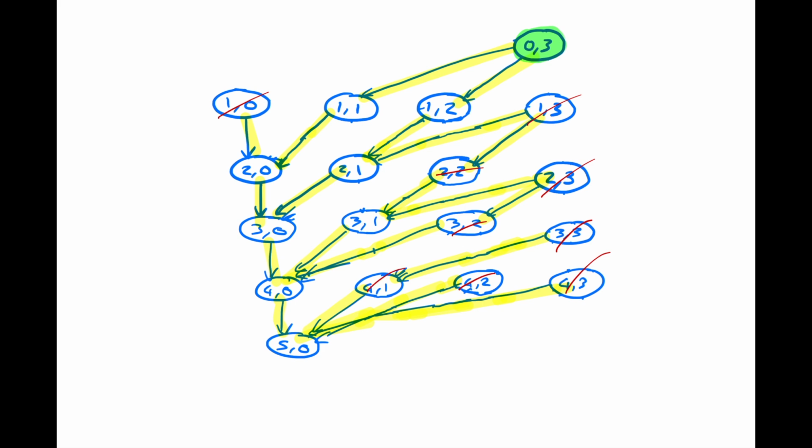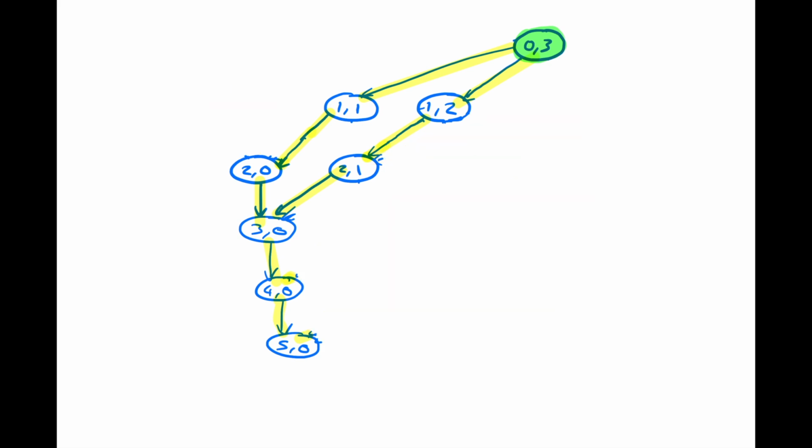And so these can be removed as well as any optimal actions emanating from those. And that leaves this graph here, where we have two distinct paths from our starting state 0, 3 to the end, where we end up in state 5, 0.